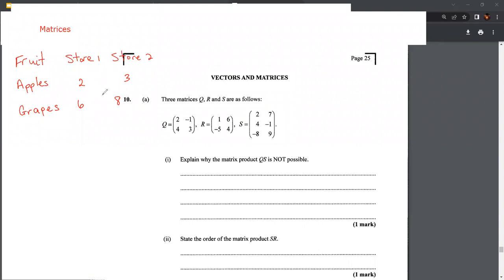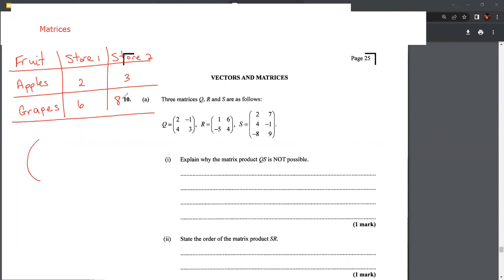two different stores. Now, in a matrix, you can take information which is represented in a table form and put it into the form of a matrix. So this data, you can pull it out without any lines, with columns and rows, but you're not using a ruler to draw them.